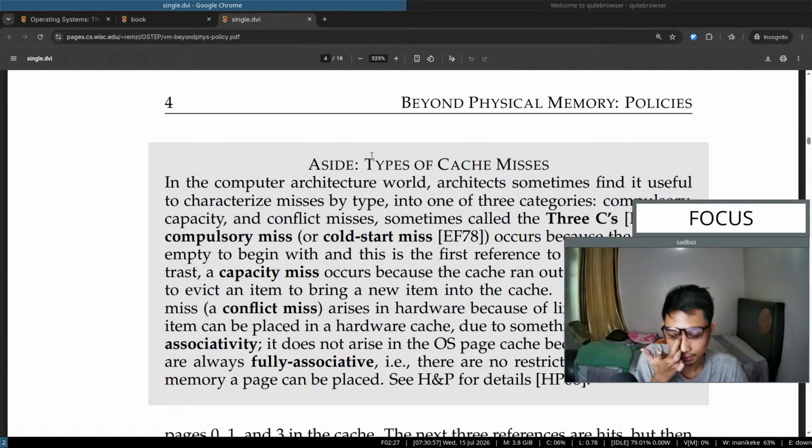And then the aside here. Aside: types of cache miss.